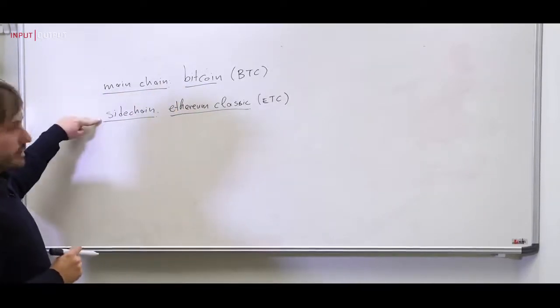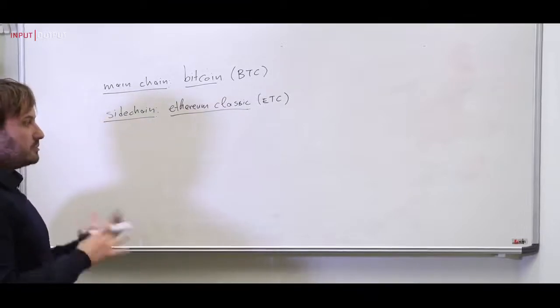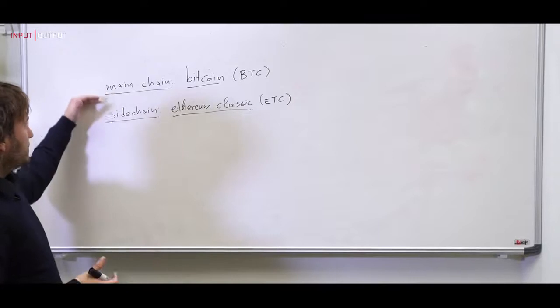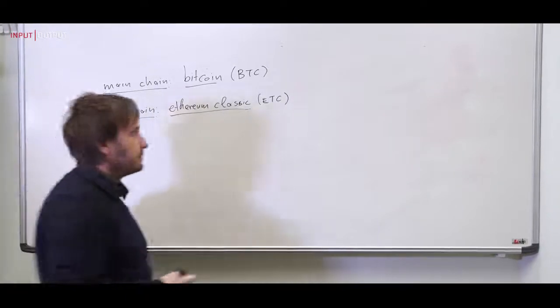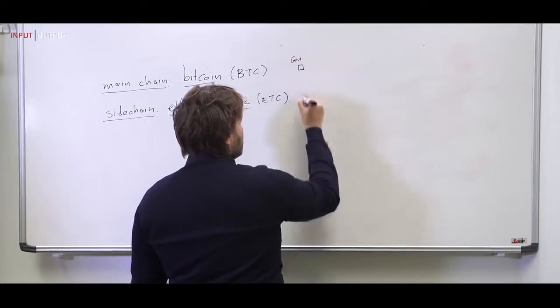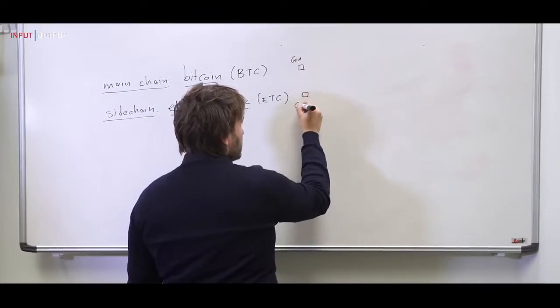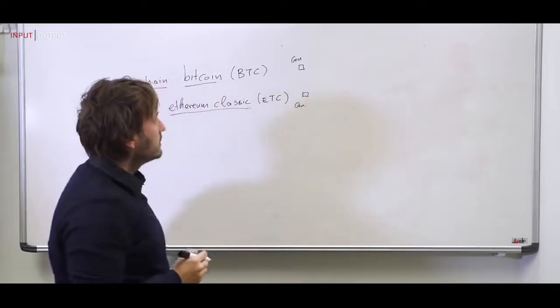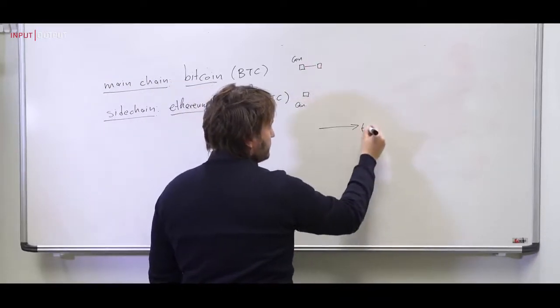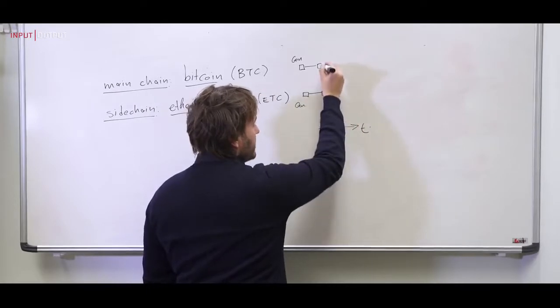Whether this is the main chain or this is the side chain can be swapped around, but for now let's imagine that they have this kind of relationship. Now, in the Bitcoin blockchain, we have a Genesis block, and in the Ethereum Classic, we also have a Genesis block. And time goes by, and blocks are created.